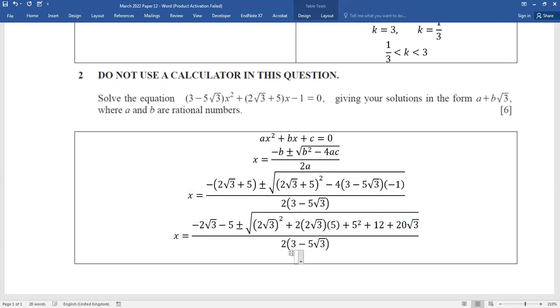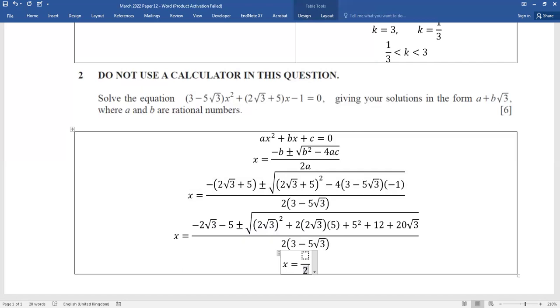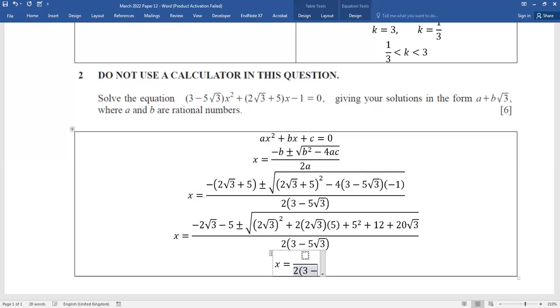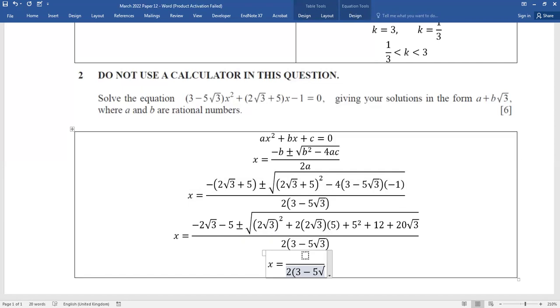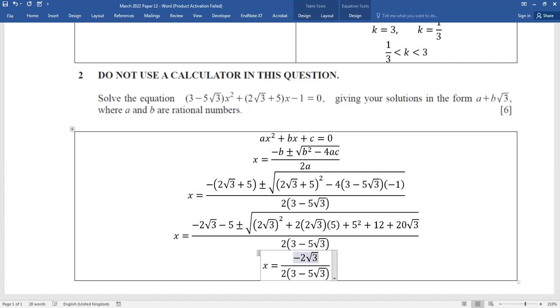But carefully we must write down these values. 2 bracket 3 minus 5 square root of 3, and minus 2 root 3, and minus 5 plus minus square root of.